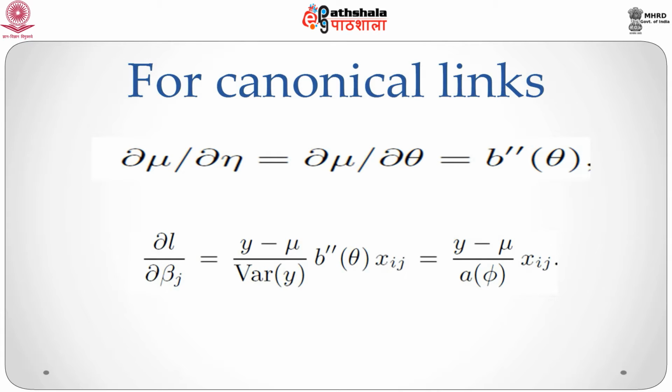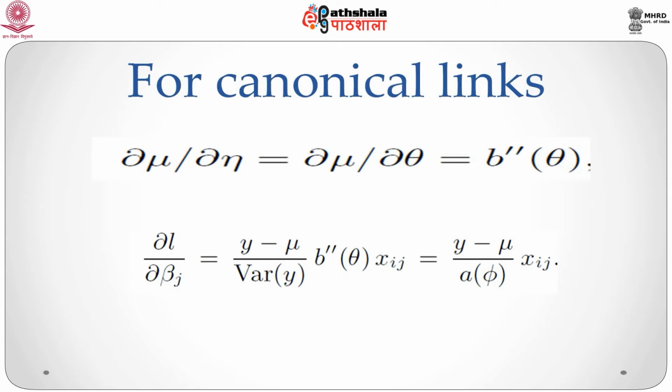For canonical links, there are some simplifications. Now recall that for canonical links, eta is equal to theta. So this means that del mu del eta can be written as del mu del theta, which we know is equal to b double dash theta, and which we know further is actually equal to the variance of y.